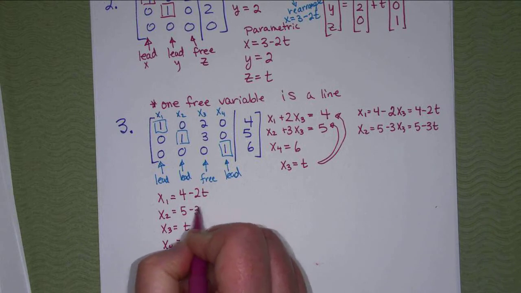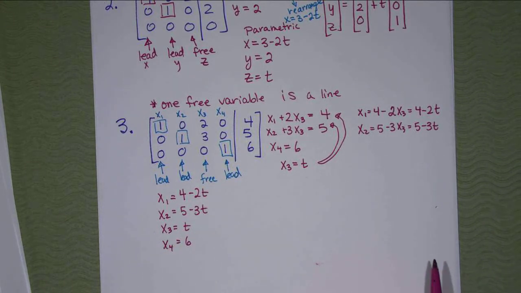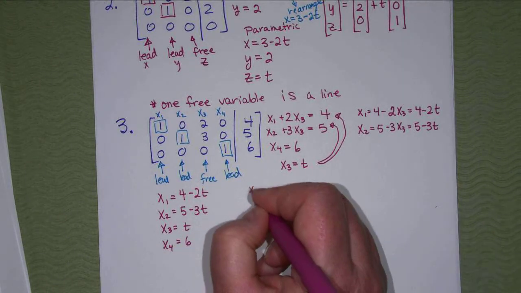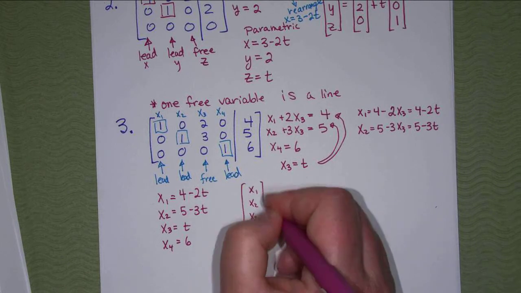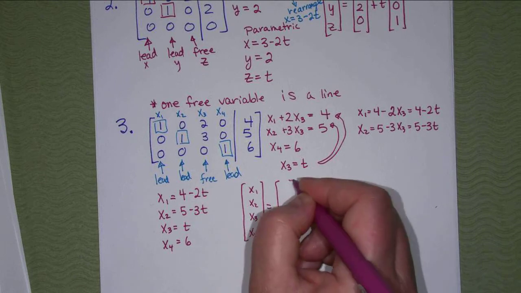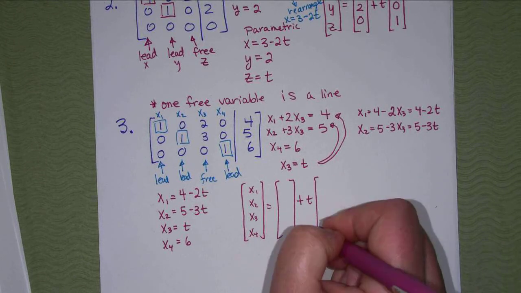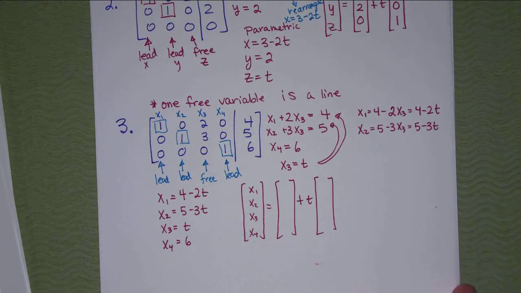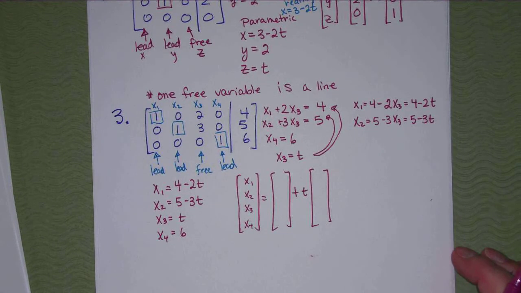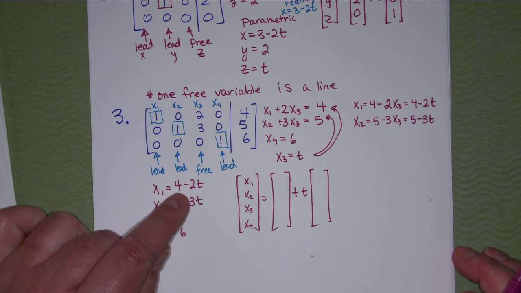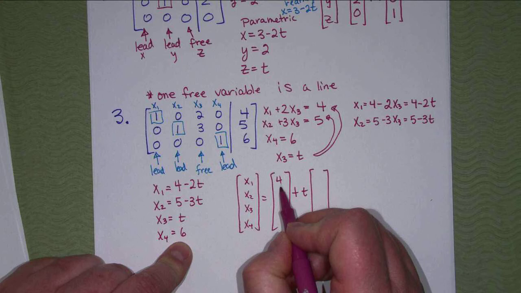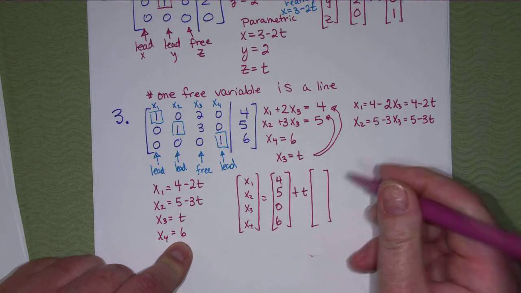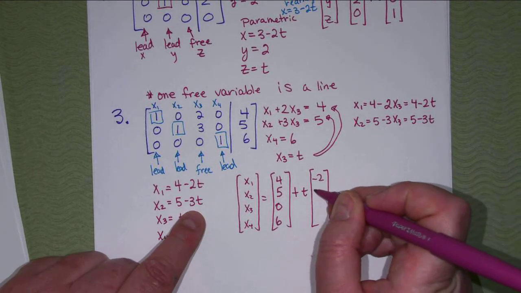And in vector form, so what would we have in vector form? So you look for the numbers that don't have a t. So 4, 5, 0, 6. And minus 2, minus 3, 1, 0. Yep.